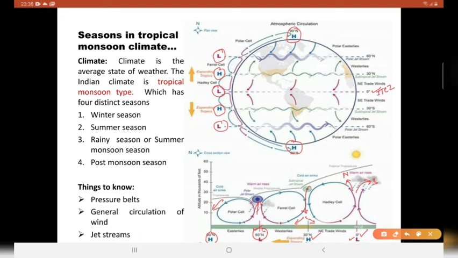Here you can see in northern and southern hemispheres, the wind is moving from high pressure area to low pressure area. This is high pressure and this is low pressure. Again, this is high pressure. So, wind is moving from high pressure to low pressure, like this.